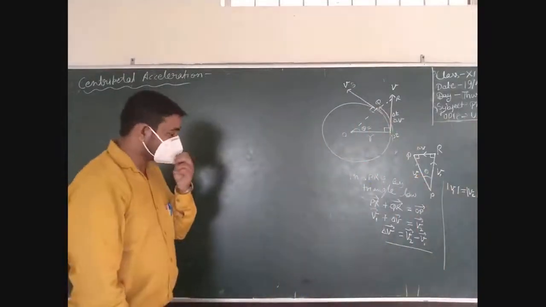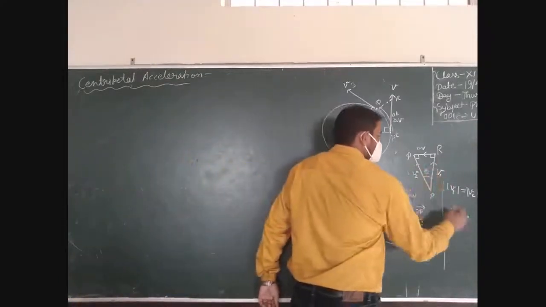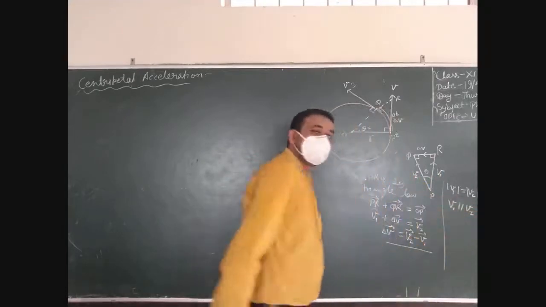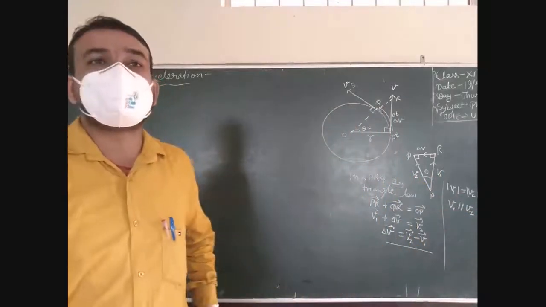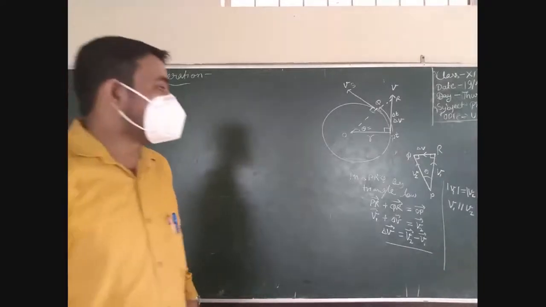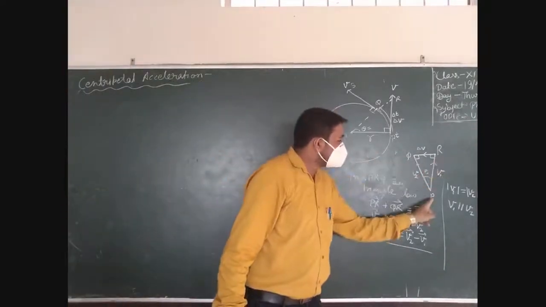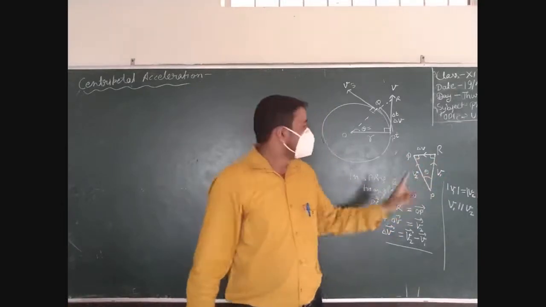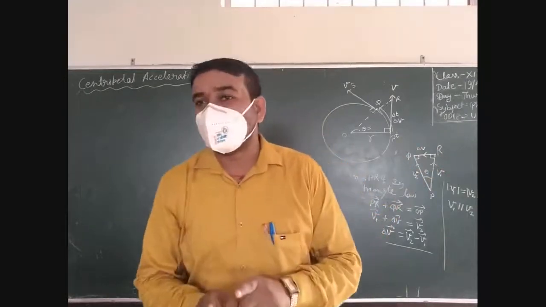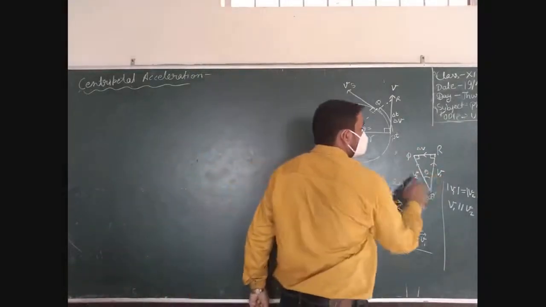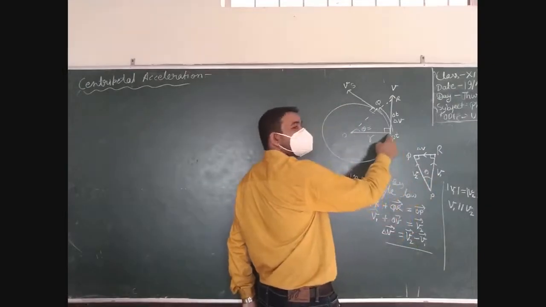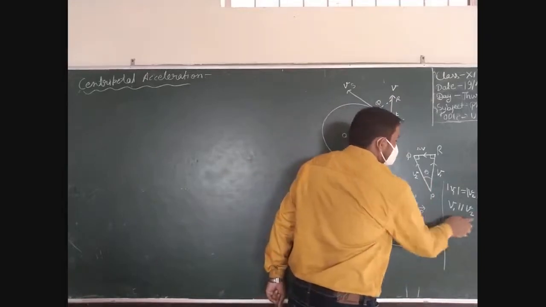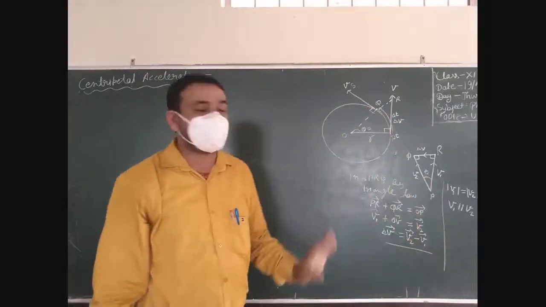Another thing is that v1 is parallel to v2. Understood? Why is it parallel? Because in triangle PRQ the two angles are 90 degrees, which means Q and R coincide, or the two velocity vectors drawn by taking the tangent at the touch point are parallel to each other.